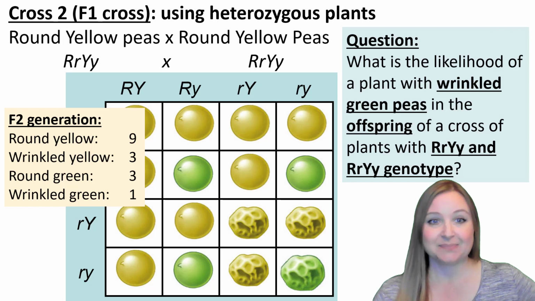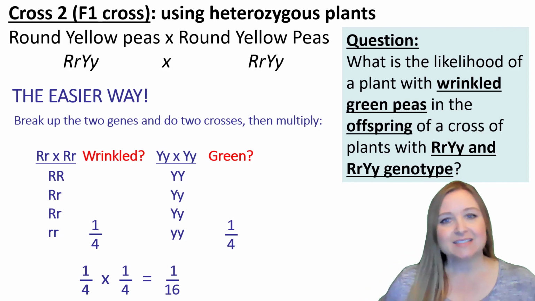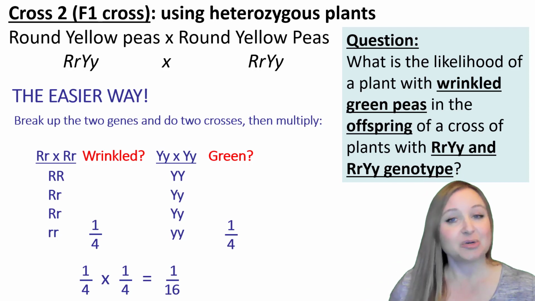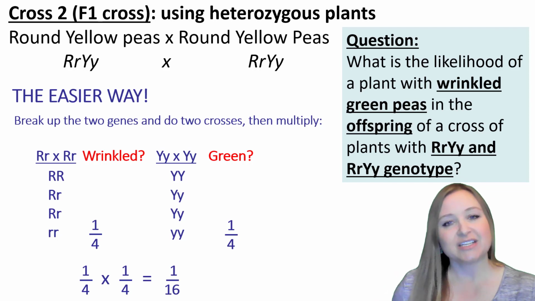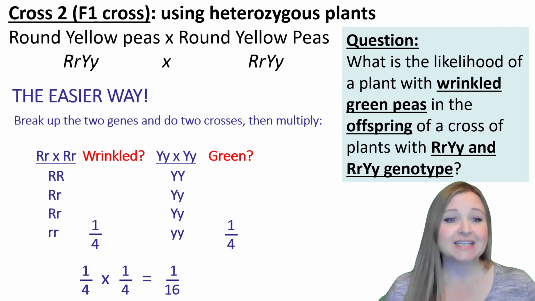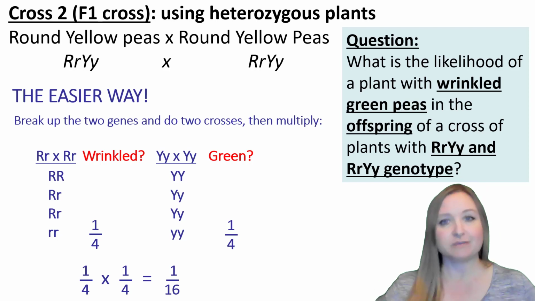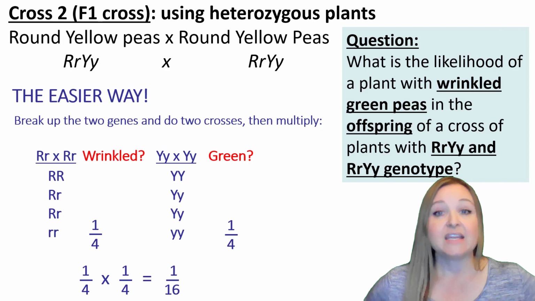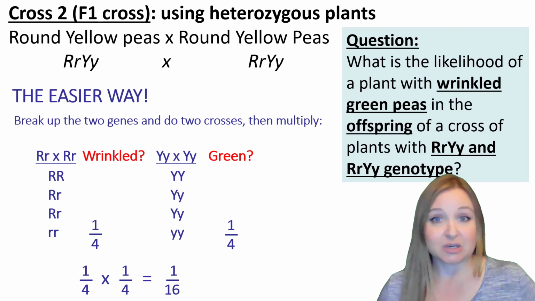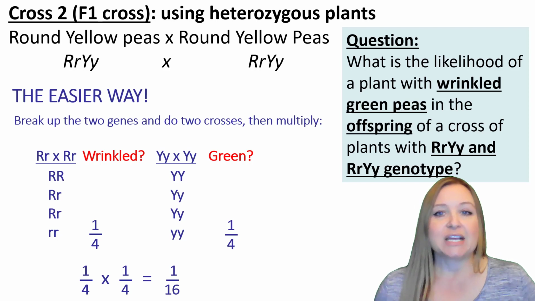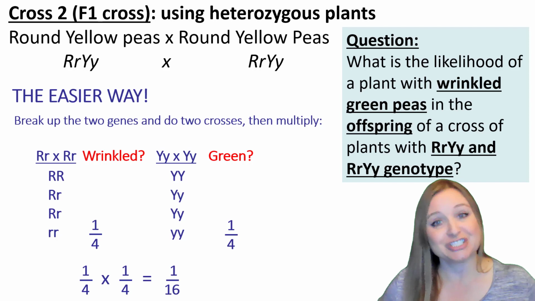Okay, so you can use this easier way to sort of double check your Punnett square if you want, or if you just need to find an answer on an exam or a test or a quiz, certainly this is a much faster way than doing out a 4x4 Punnett square. Now, the coolest thing about this easier way is that you don't have to just use 2 genes like we use here. You could actually use 3, you could use 4, you could do this with 25 different genes.